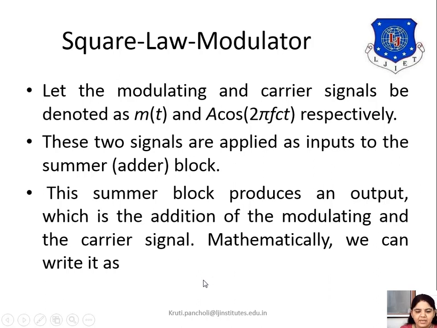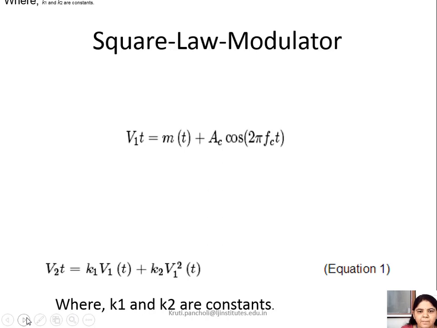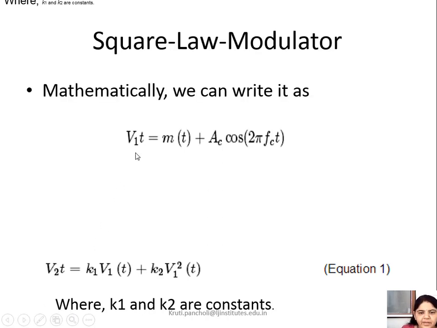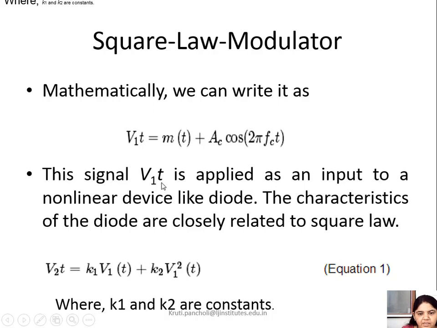Mathematically, we can write it as v1(t) is equal to m(t) plus Ac cos 2 pi fc t. The v1(t) signal is now applied to the input of the nonlinear device like the diode.